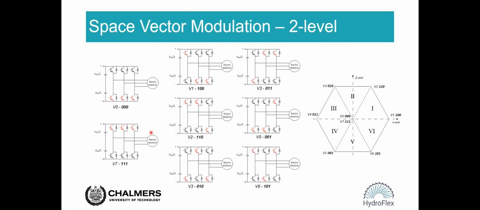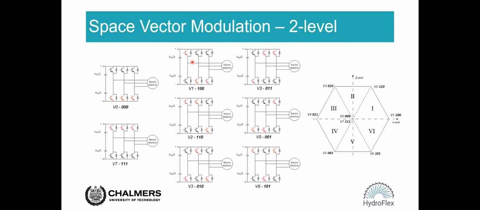Okay, this slide is about the voltage vectors in the alpha beta plane. Take the 2-level converter, for example. Different switch combinations can generate different voltage vectors. For example, if we turn on all the lower switches in 3 phases of this 2-level converter, then we get the voltage V0. And if we look at this alpha beta plane, V0 is at the origin of this coordinate.